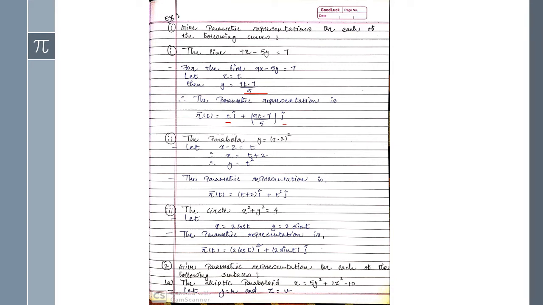So we can't apply only x equals t. You have to take the supposition x minus 2 equals t. Then you can find x equals t plus 2, and y equals t square.